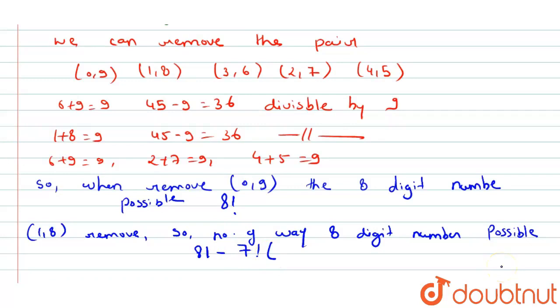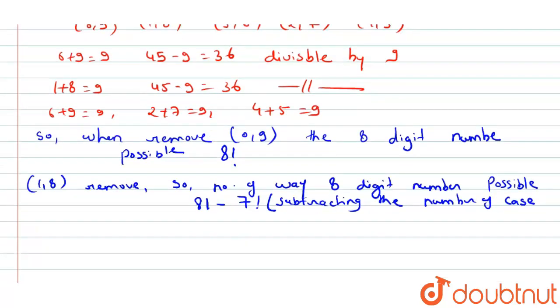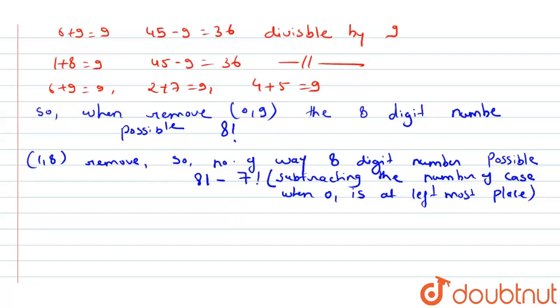It is the number of cases when 0 is at the leftmost place, which we subtract, because no number is possible starting with a 0.